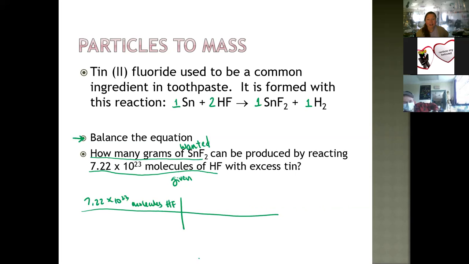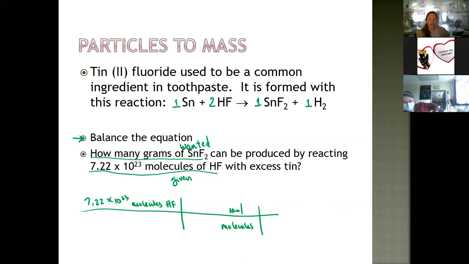Now I want to turn my given into what? Turn those molecules into moles, exactly. Always go to moles first. We're going to do that by flipping molecules on the bottom into moles on the top.